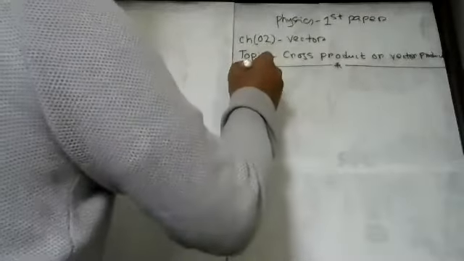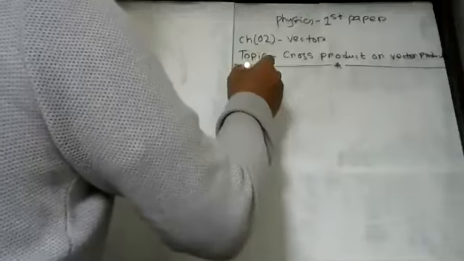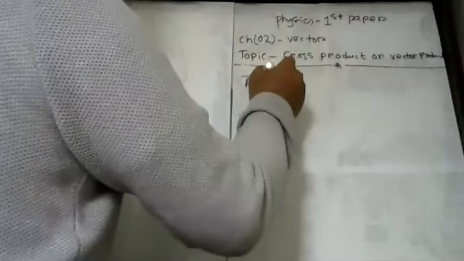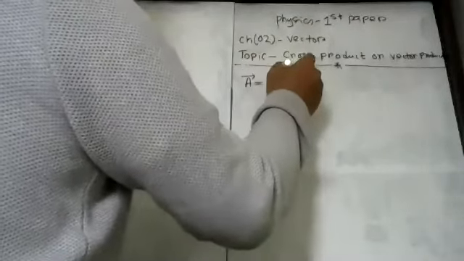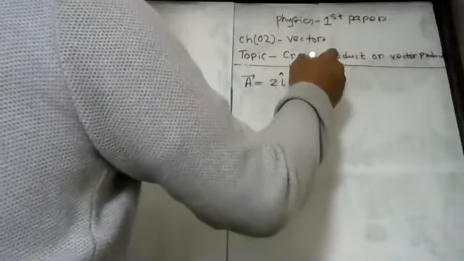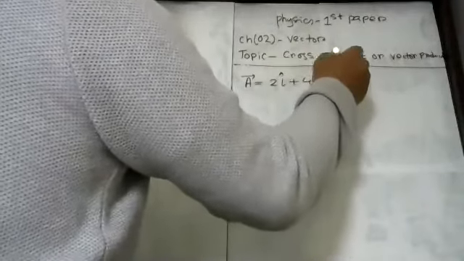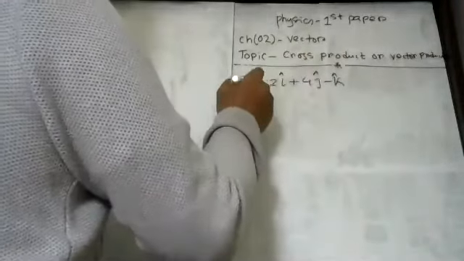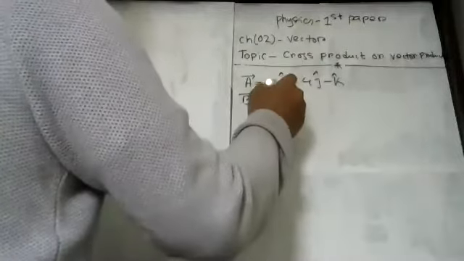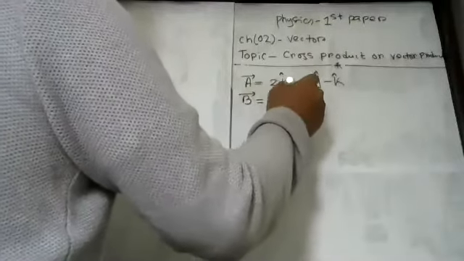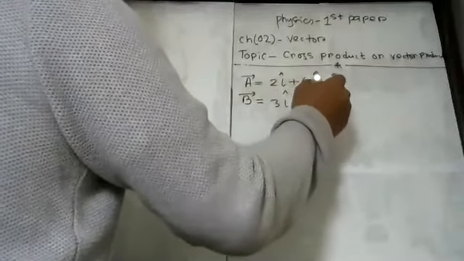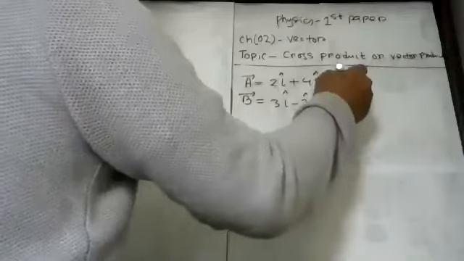Suppose this is vector A, equal to 2i hat plus 4j hat minus k hat. And this is vector B, equal to 3i hat minus j hat plus 2k hat.